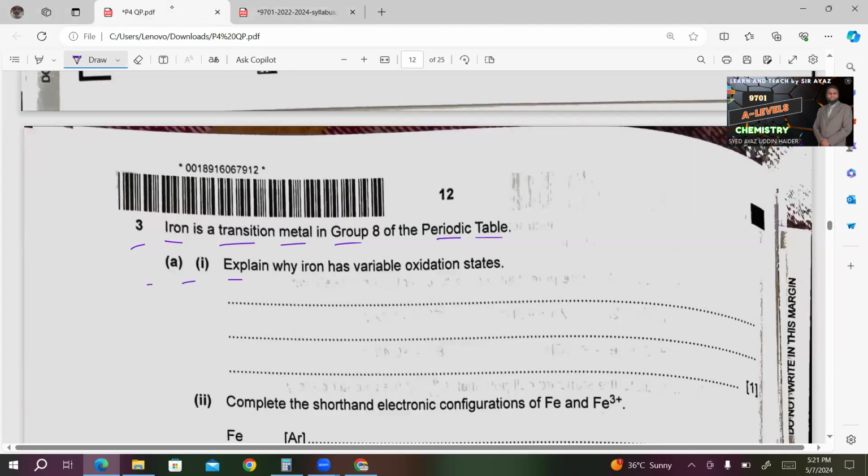A1, explain why iron has variable oxidation state. So the difference between 3d and 4s in case of iron, energy levels is very small.